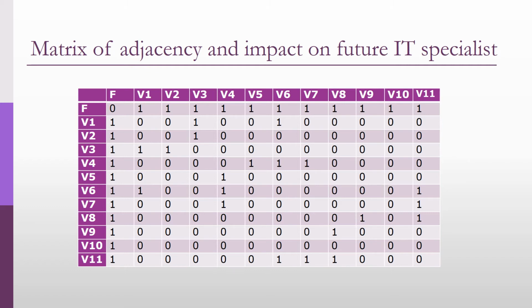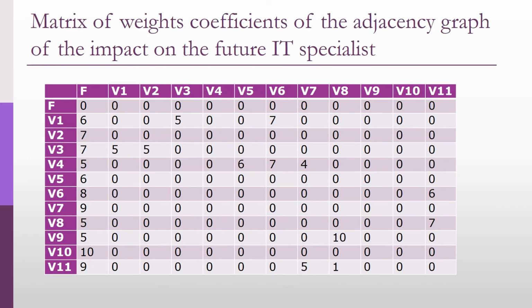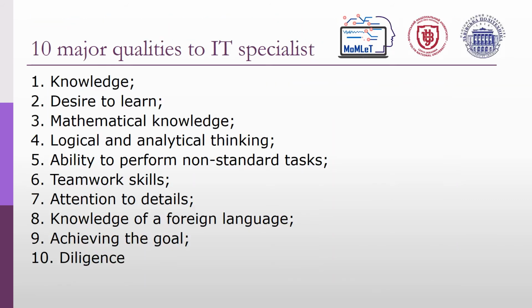Also, we have an adjacency matrix of impact on future IT specialists with 12 columns and 12 rows, with zeros and ones included. Another matrix is the matrix of weight coefficients of the adjacency graph of the impact on the future IT specialist.